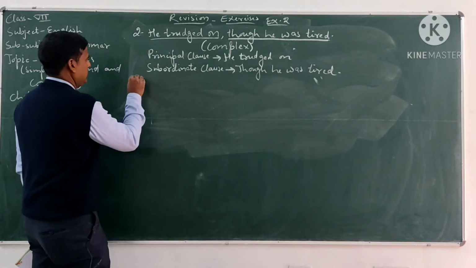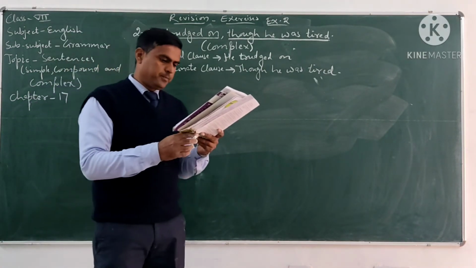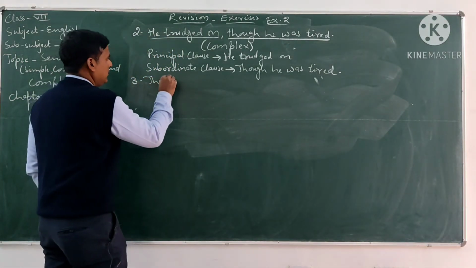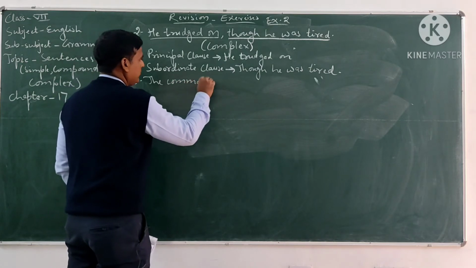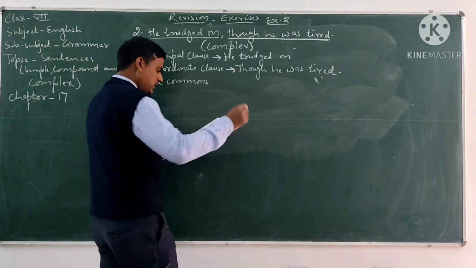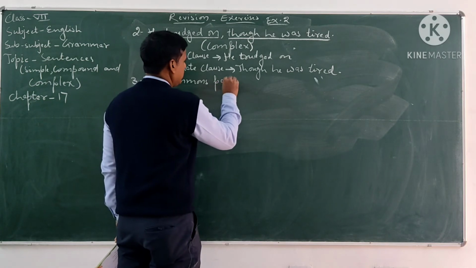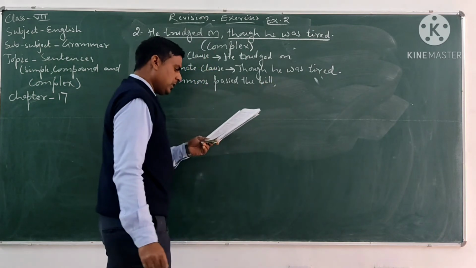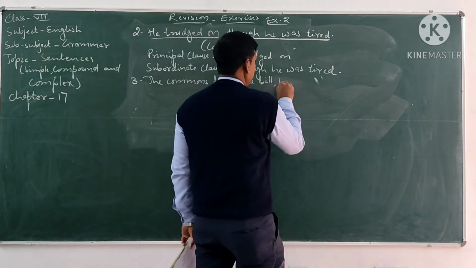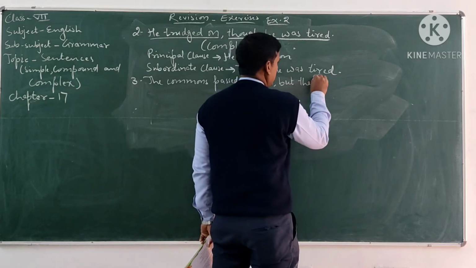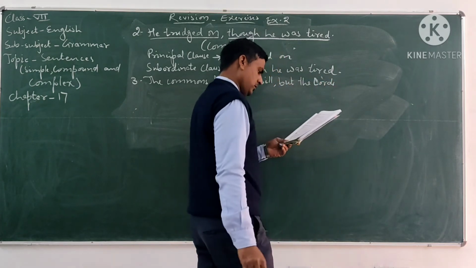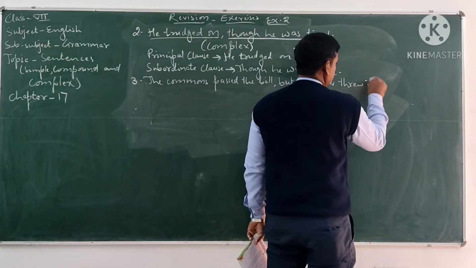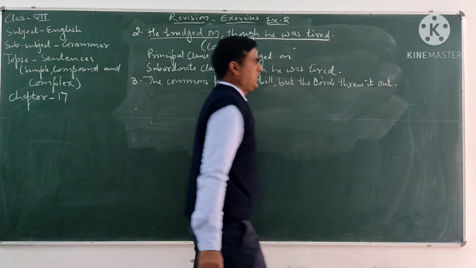Now see the third one. The third one is the Commons passed the bill, comma, but the Lords threw it out, full stop.